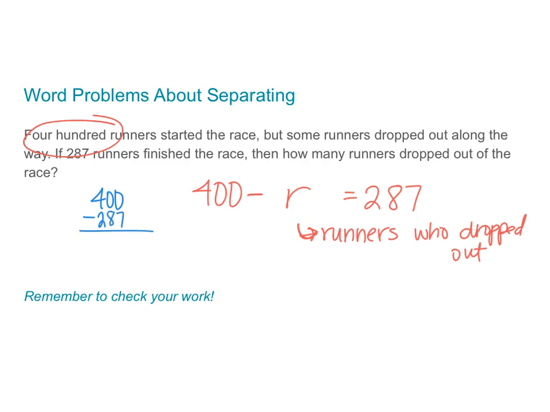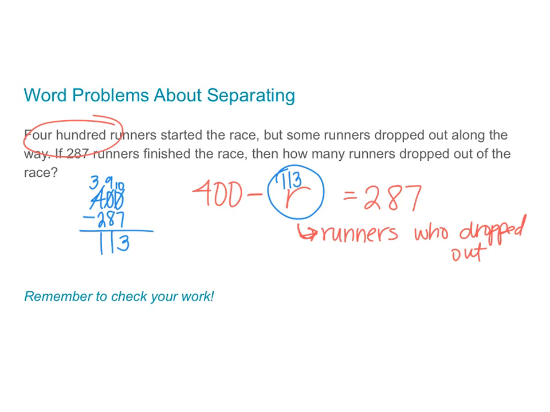Okay, if I take the total number of runners and I subtract the runners that were left over, will it give me the number of runners who dropped out? Yes. I hope so. Let's try it. Got to do some borrowing and regrouping. So if we are correct, this part right here should be 113. Yes. Okay, let's check our work and see.